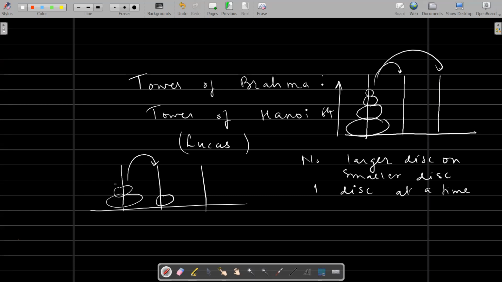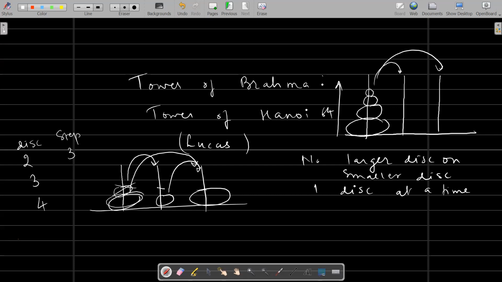Then I can't shift the larger one onto this one, so I shift the larger one onto this other pole, that's 2 steps, and then I shift the small one onto this one, 3 steps. So for 2 discs, the number of steps is 3. Do it for 3, do it for 4, and see how many steps you get.